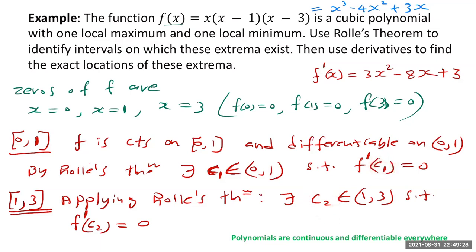One is in this interval 0, 1. The other critical point is in this interval 1, 3. But we don't know which one is in which. We don't know whether the maximum is in this one or the minimum is in this one. But all we know is we have one of them here, one of them here. One local extrema here, the other local extrema should be here. All right, that completes that example. Let's move on.